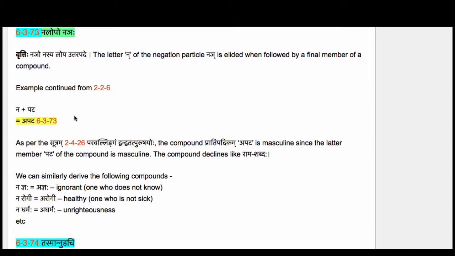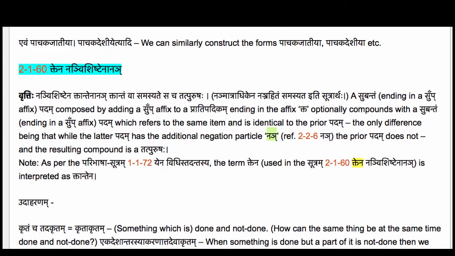That's how we get the forms like arogi, one who is not sick, apanditaha, one who is not wise, and so on. We will be studying the sutram ñai and also the related rules very shortly. For time being, we can just note that this particle ñai is used to form negation compounds, meaning not that, not sick, not wise, so on.